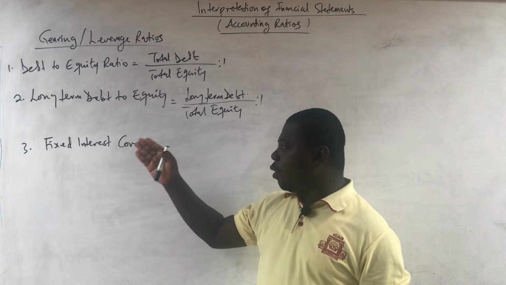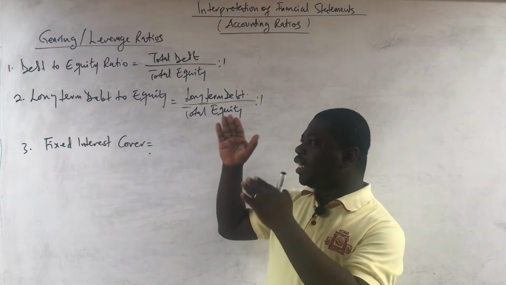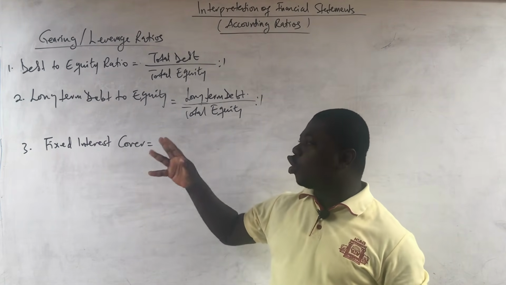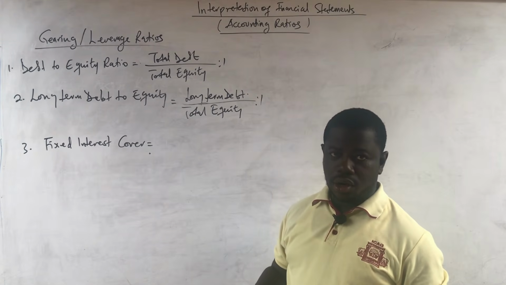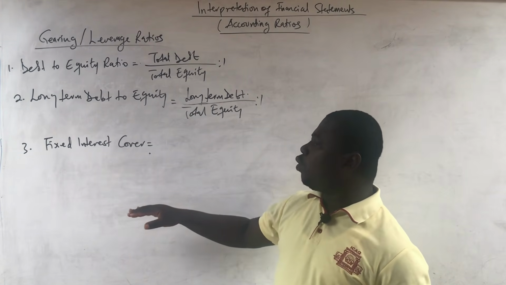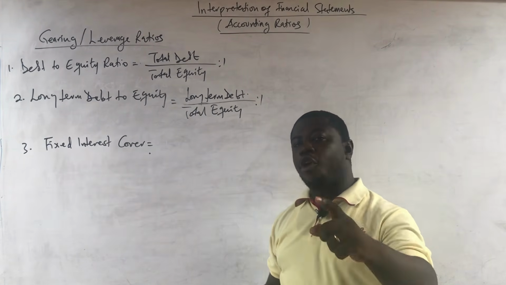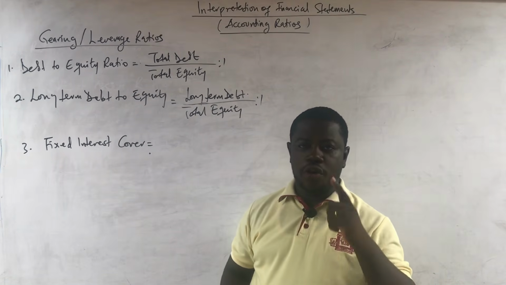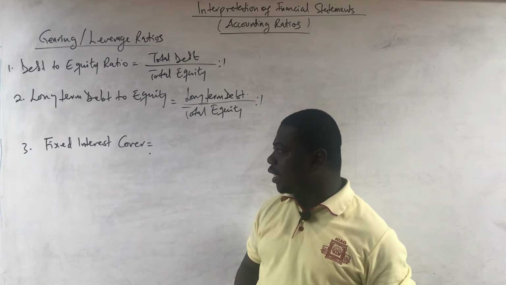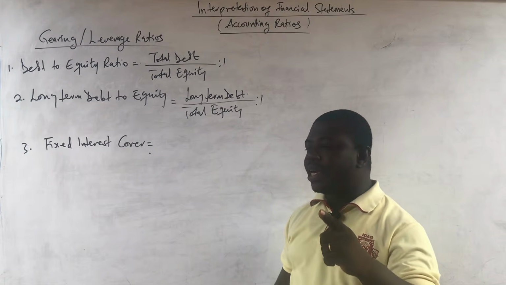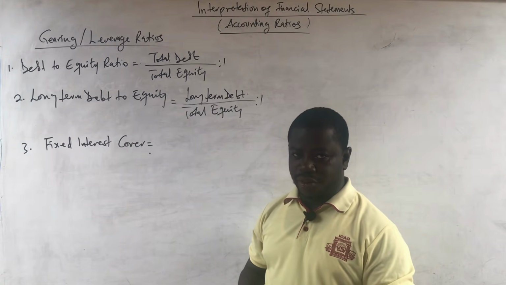When we talk about fixed interest, we are talking about the interest that is attached to your long-term borrowings, your debts. And so we are going to look at how many times you can pay from your earnings, or from your profit before interest and tax.